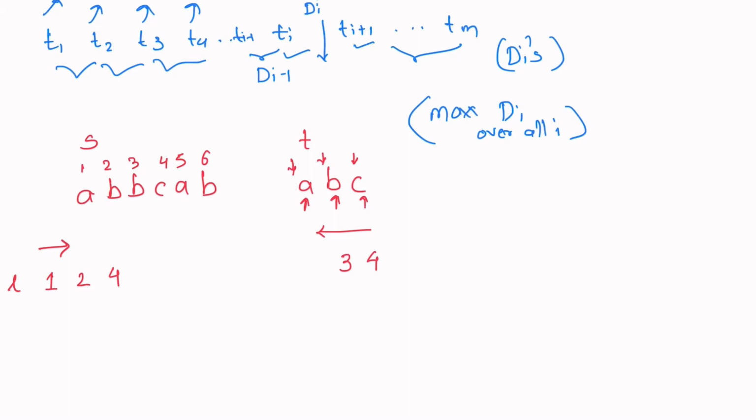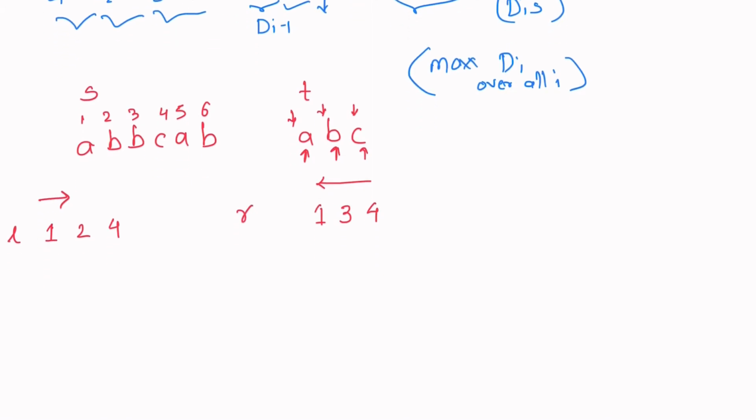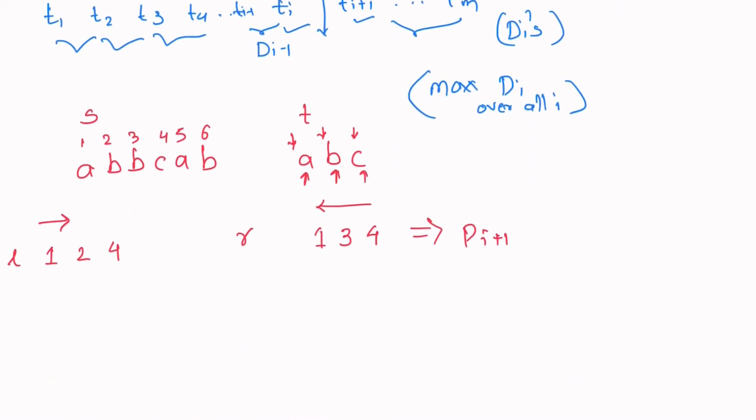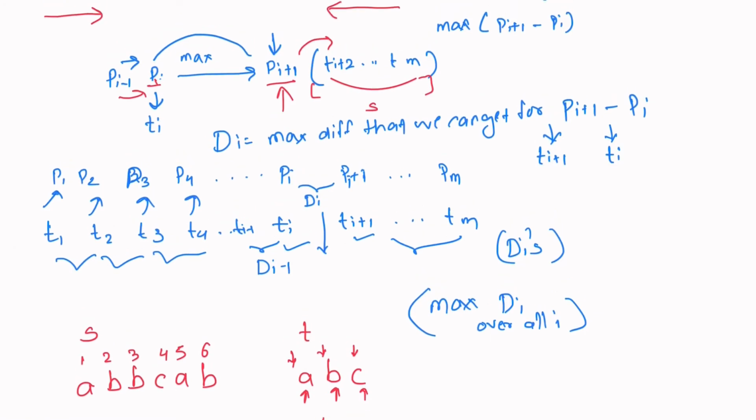The first position where I find a when moving from right to left in s is 1. So these are the two pieces of information that I need to store. Now using this we can simply calculate. Basically, this R means p of i plus 1, that is the position which we have chosen farther away from p of i. And the index in L means the position which we have chosen just next to p of i.